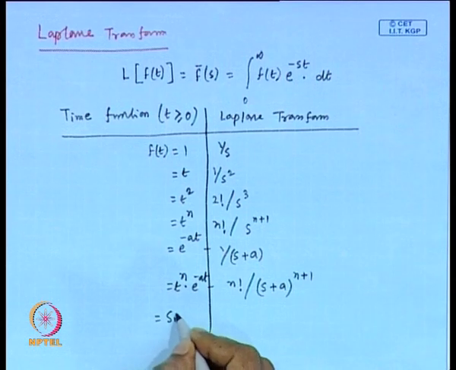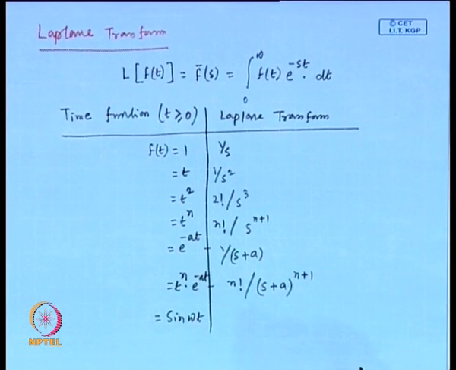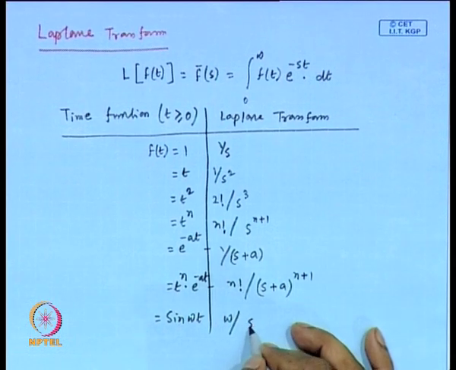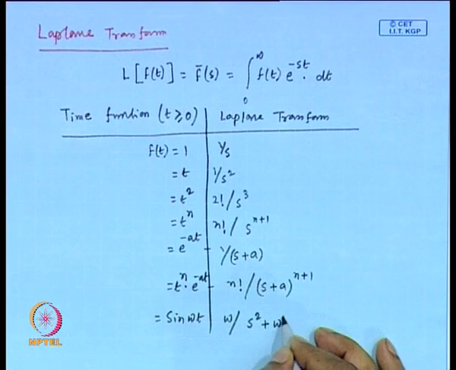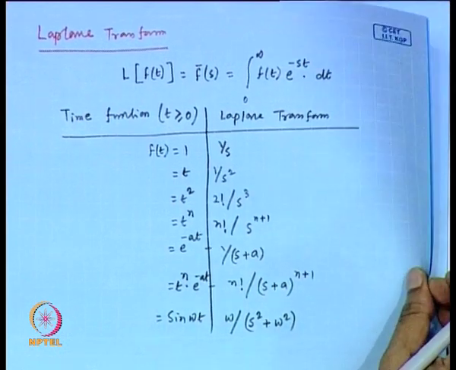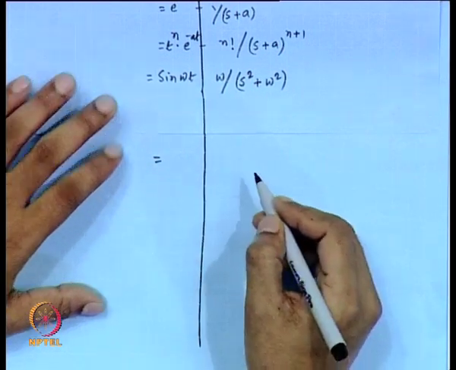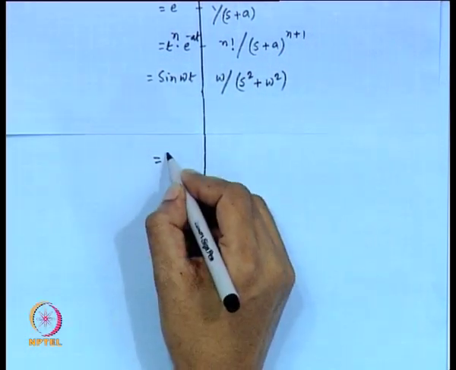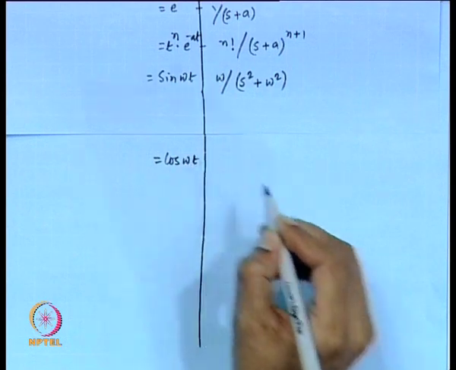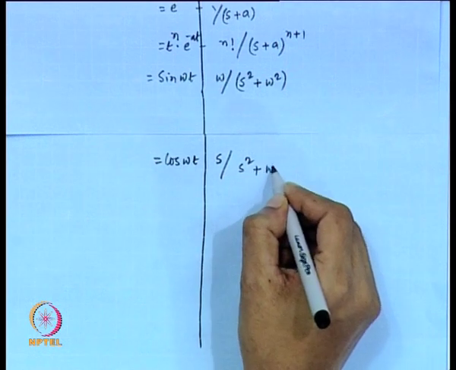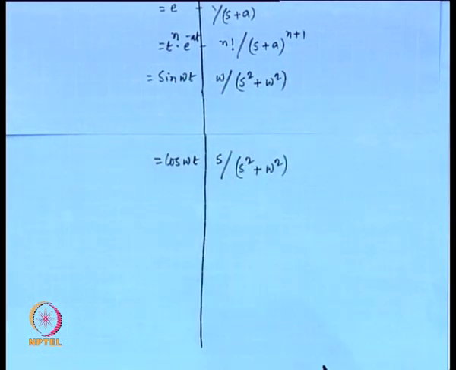If this is sin omega t, the transform is omega divided by s square plus omega square. Then, suppose cos omega t, s divided by s square plus omega square.